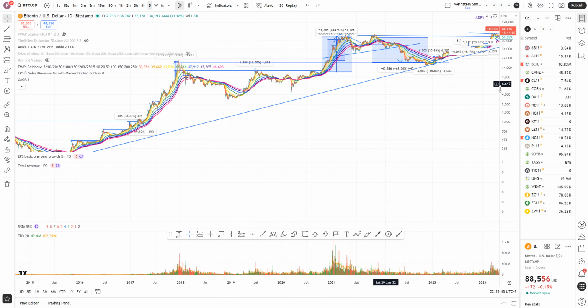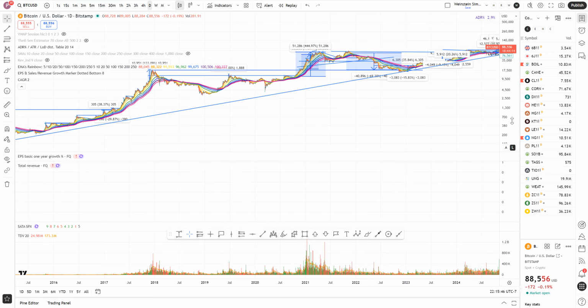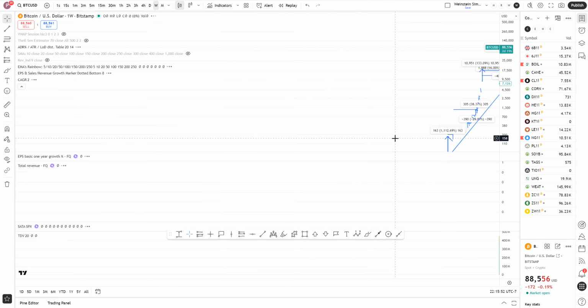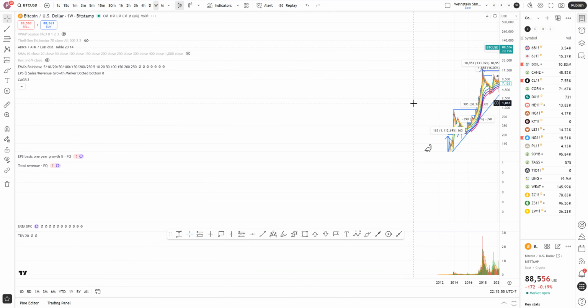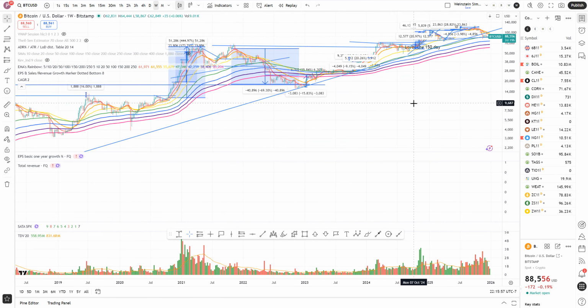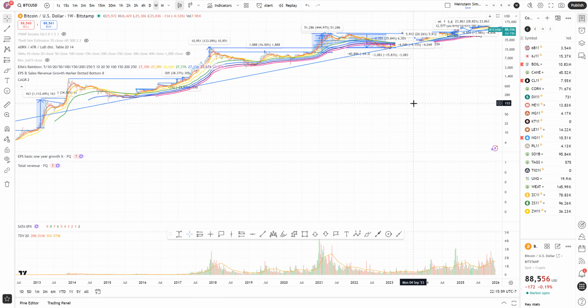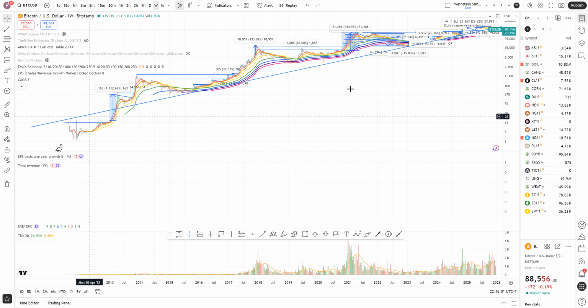And so what's interesting is that in the history of Bitcoin, let's go to weekly here. Okay, I'm looking at a weekly chart now. With the exception of this beginning here, you can see Bitcoin's followed this trend line.